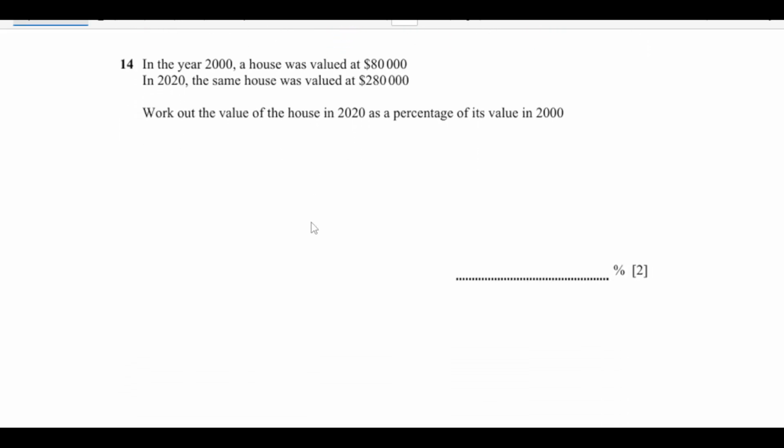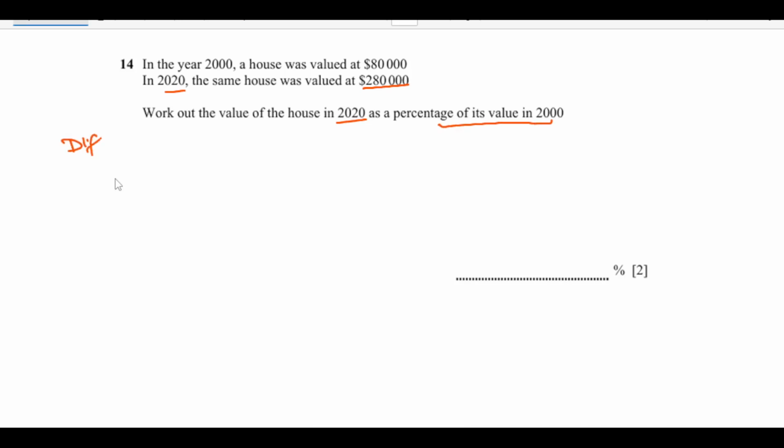Now number 14. In the year 2000, a house was valued at $80,000. In 2020, the same house was valued at $280,000. Work out the value of the house in 2020 as a percentage of its value in 2000. So we will first find the difference.